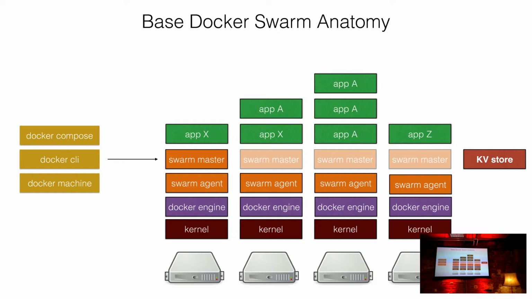I draw the key value store outside of the cluster on this particular slide. You can also have it inside of the cluster. However, it's quite possible that you have a chicken and egg problem. Because Docker Swarm also stores the data regarding the network overlays there and so on that we're going to discuss later.